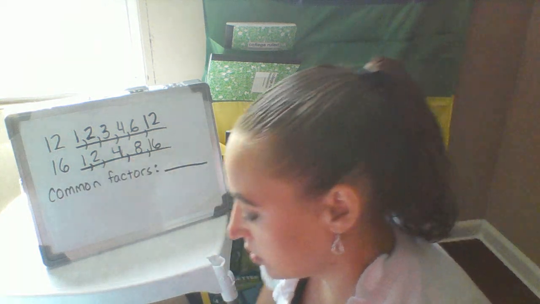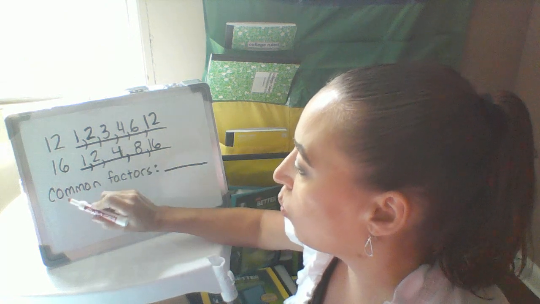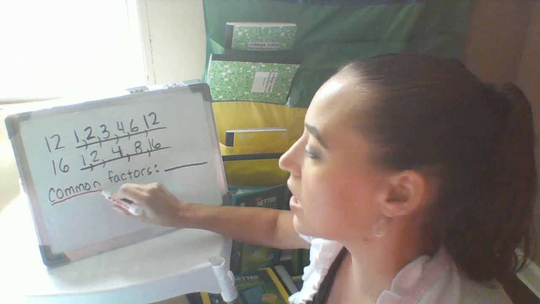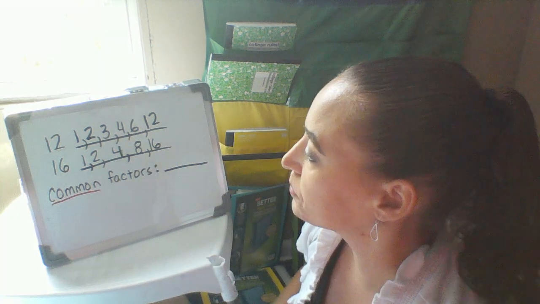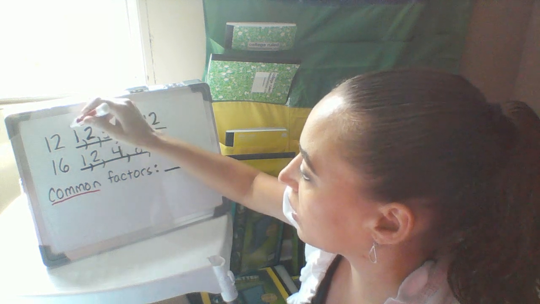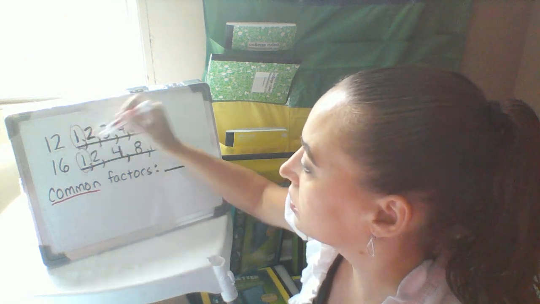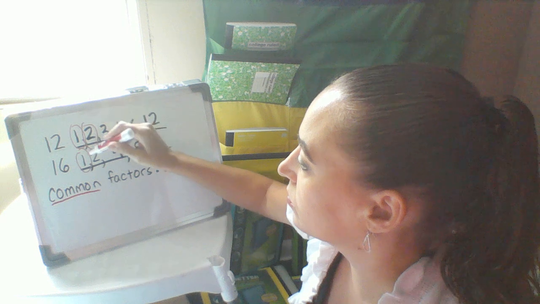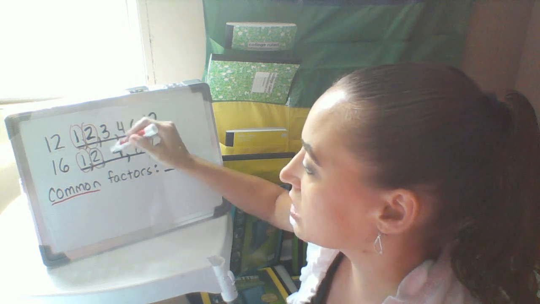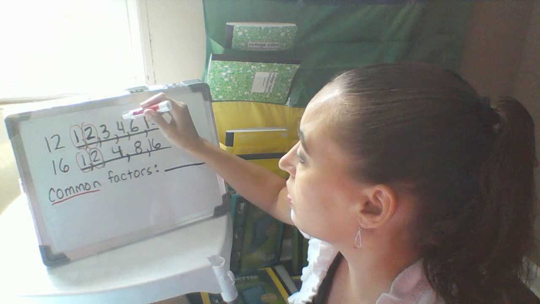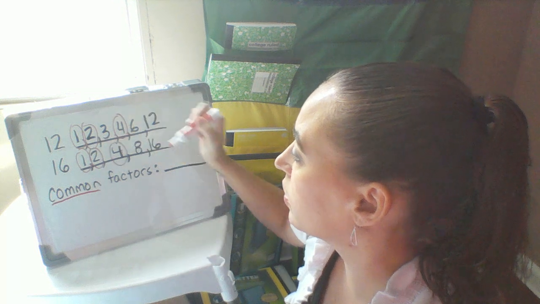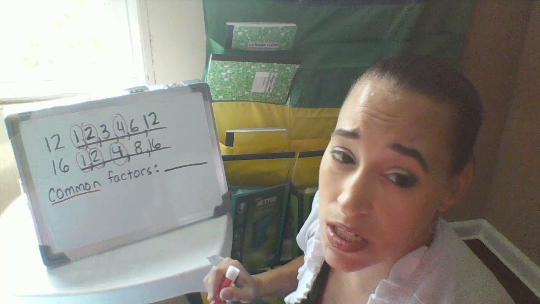So now I'm simply asking you, what numbers do they have in common? Well, they both have 1. They both have 2. This one doesn't have 3, so 3 is no. They both have 4. This one doesn't have 6.